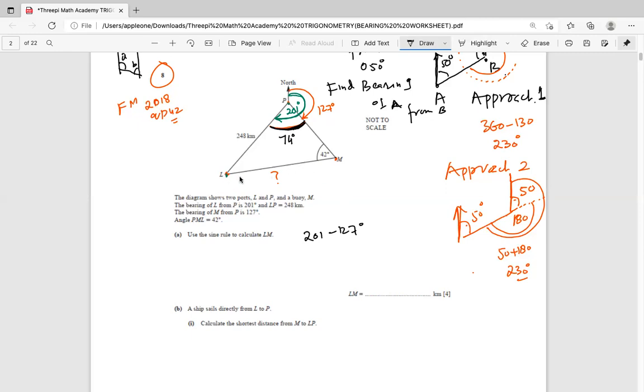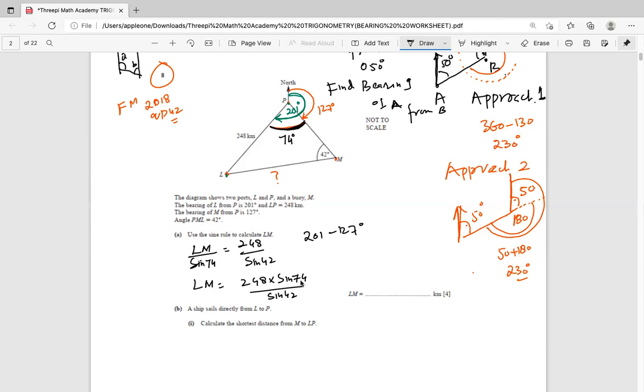Now, they say LM side is required. Now, LM, look, LM using sine rule over sine 74. This angle and that side, 248 over sine 42 degrees. So LM is 248 into sine 74 over sine 42.